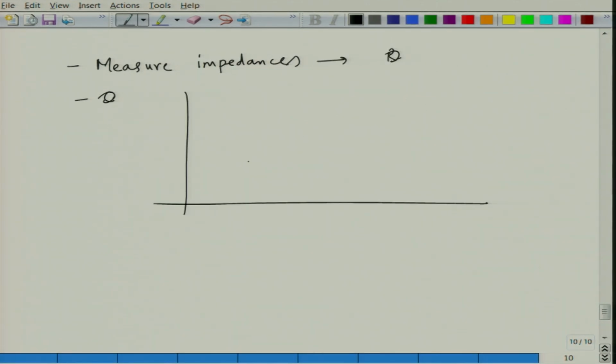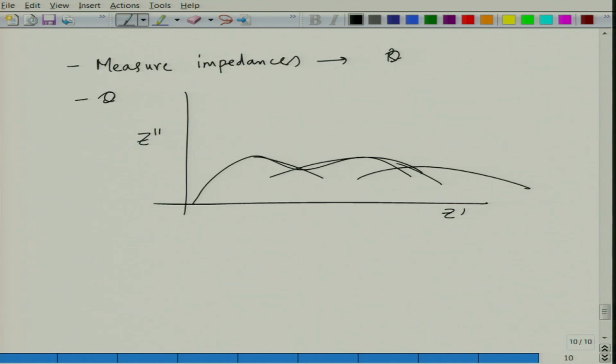Similarly, when you make a plot of Z double prime versus Z prime, you should also get these semicircles as we saw earlier, and we make plots of Z double prime versus frequency, Z prime versus frequency to determine where the maxima is occurring, how they are behaving and things like that. From these plots you determine the resistive contribution, and you separate out the resistive and capacitive contributions.